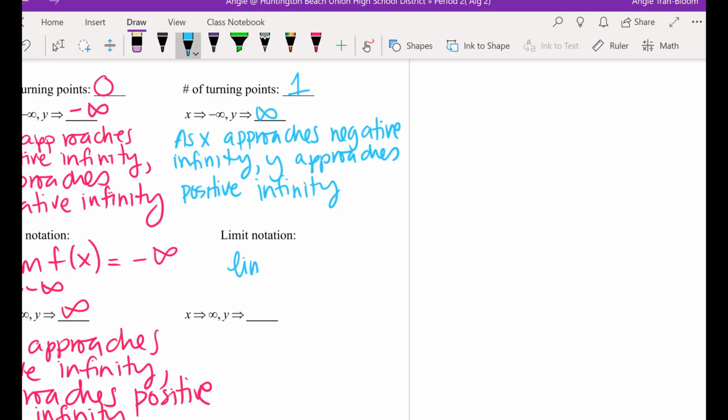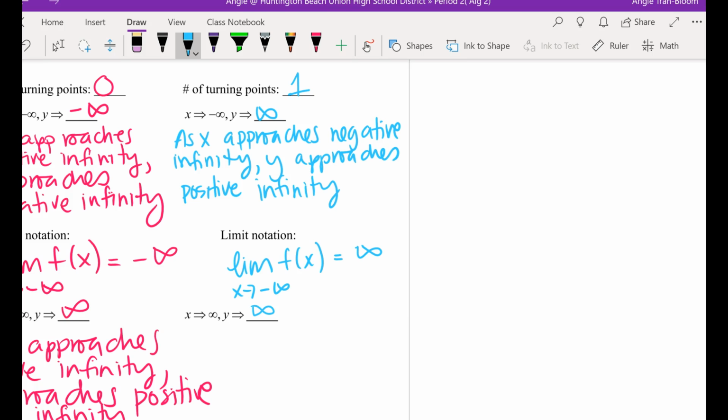Limit as x approaches negative infinity of our function, in this case the quadratic, equals what? Infinity. Okay, as x approaches positive infinity, what's y approaching? Also infinity. Okay, so these are the end behavior.